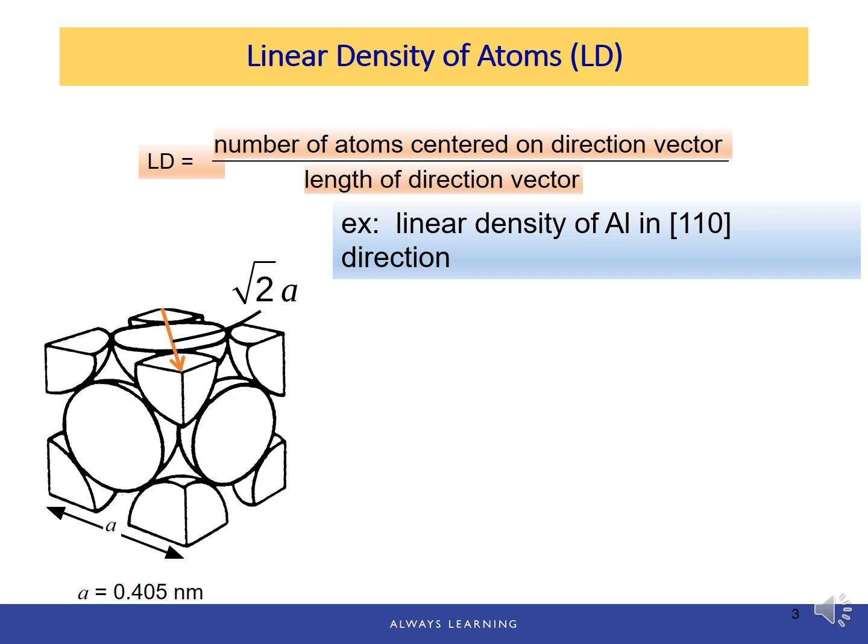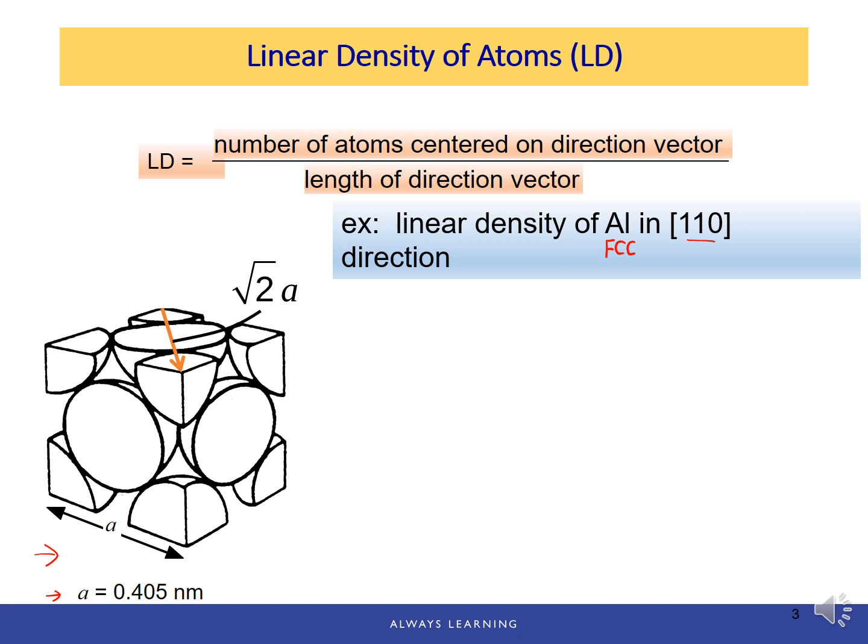Aluminum has the FCC structure. Now you can see the hard sphere model of the FCC structure, and the lattice parameter a is given. We're looking for the linear density of the 110 direction.